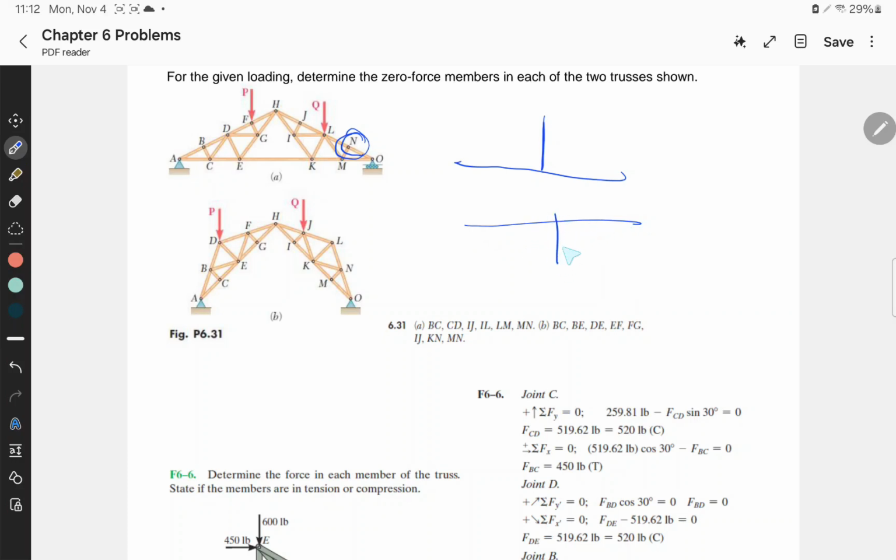It's only one member, and if we were to do sigma Fy equal to 0, the only thing that's y is zero. That's why they call them zero members.